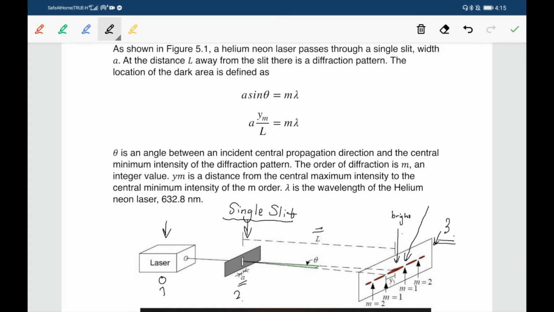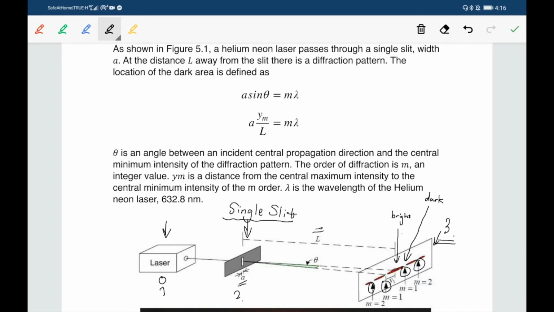Between the red ones, there's a white space, and that is called a dark fringe. Indeed, that part is dark. So we can only get the red part as the red color fringe.